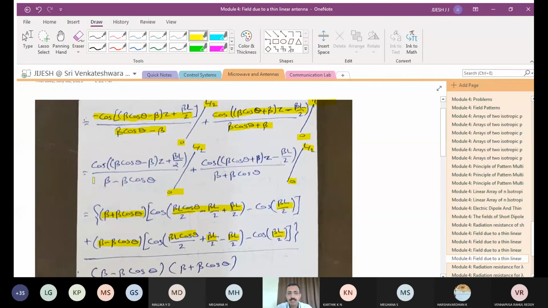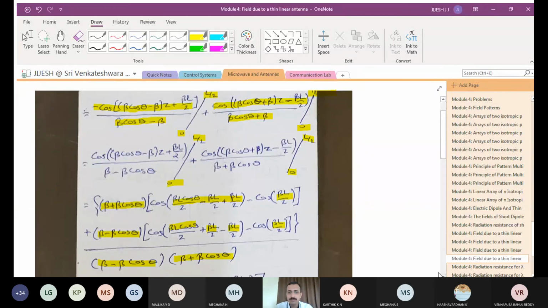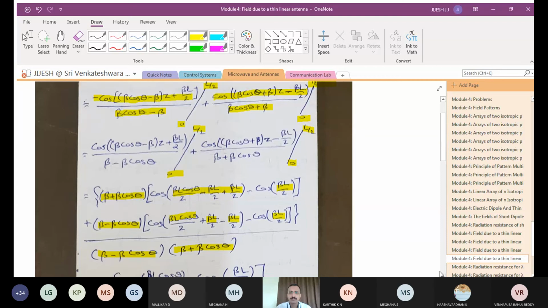The denominators I have taken are beta minus beta cos theta and beta plus beta cos theta. These things you are quite familiar with. You can just do the integration for sine and substitute the limits 0 to L by 2. So completed.